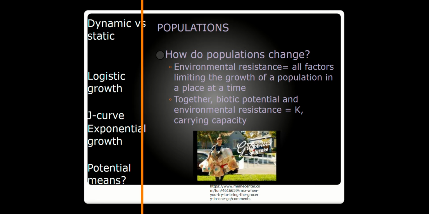Carrying capacity, again, is like that guy with the groceries below. He has a certain amount of groceries that he can hold. And if he can't hold any more and you put more on it, some will fall, if not all of them. We'll get back to that.